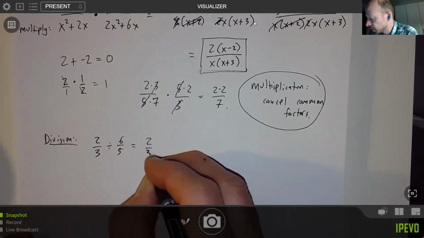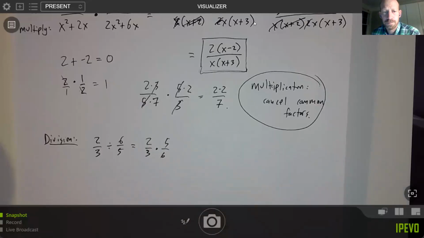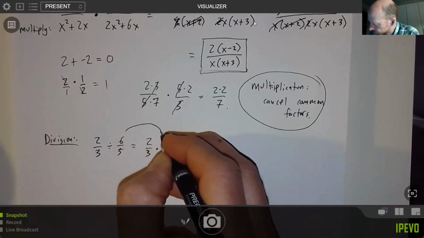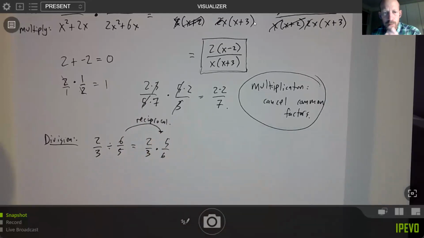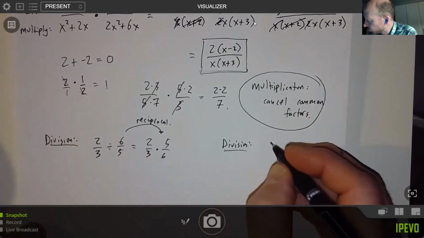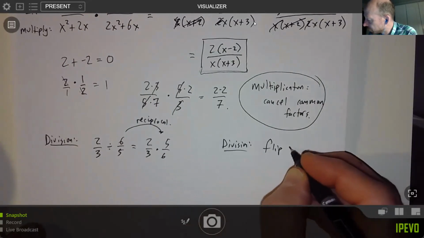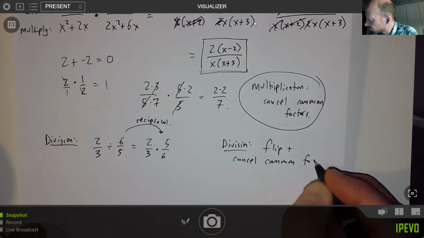Division is just where you multiply by the reciprocal. And multiplication is, we just did multiplication. So division, it actually turns out is really in the same category of problems. Division is maybe, we'll write that in there, but flip and cancel common factors.